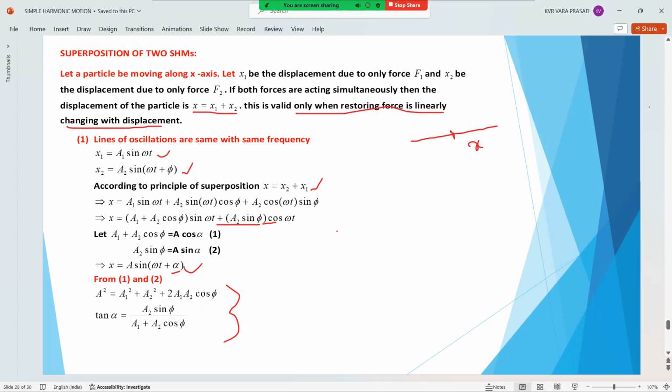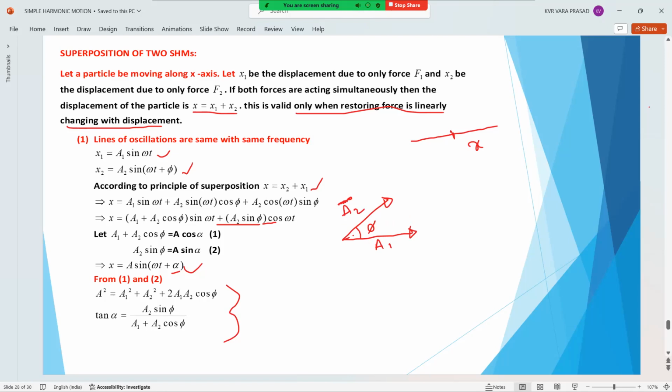I am drawing a diagram here. Take this as A1 and this as A2, taking the amplitudes as vectors and the phase difference between them as the angle between them.